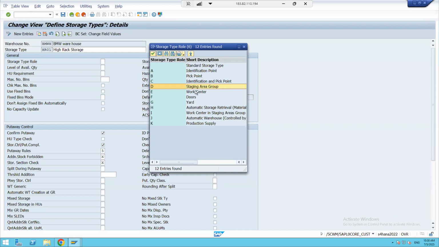An intermediate area is fine, but what is staging? Have we discussed staging? No. Staging of goods. Goods receiving area, staging area. No, we have not discussed this.